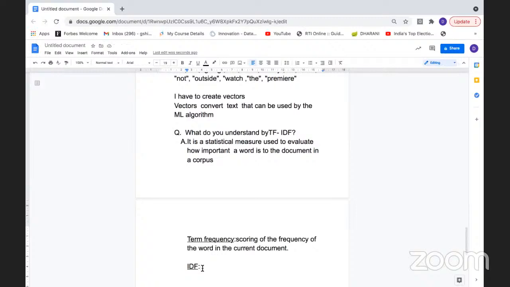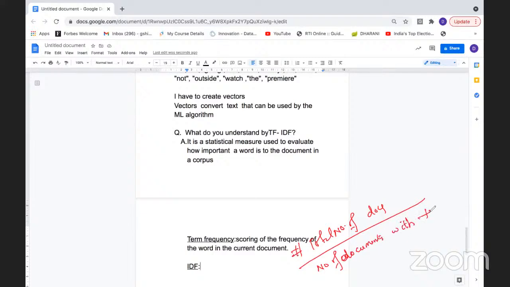It is nothing but the total number of documents divided by the number of documents with term T in it. So we have a score coming up here.